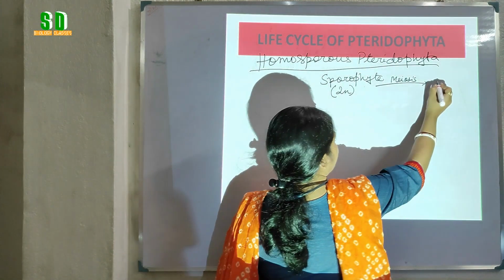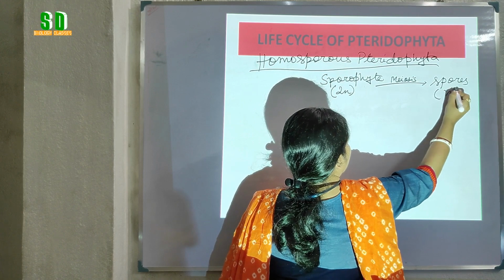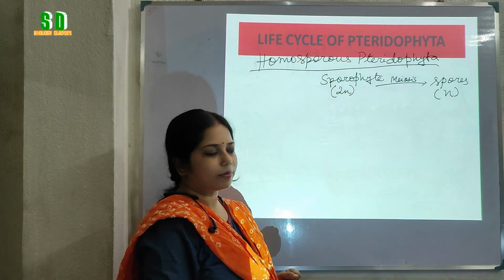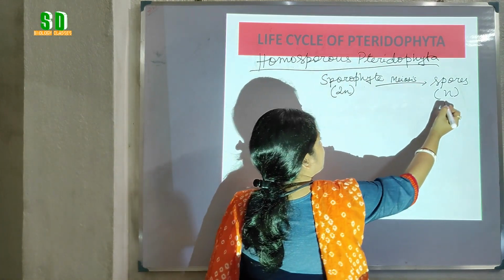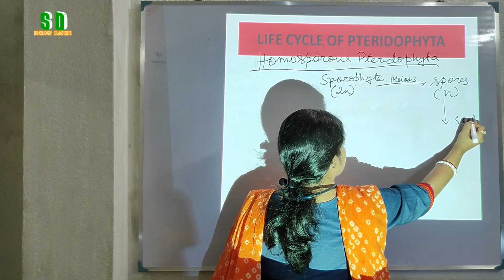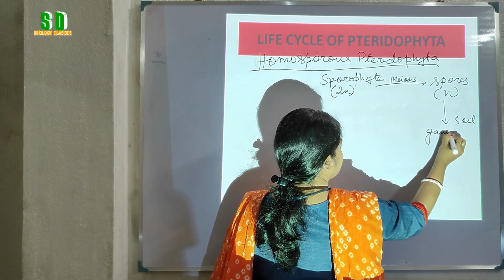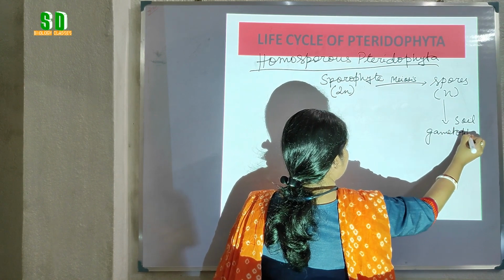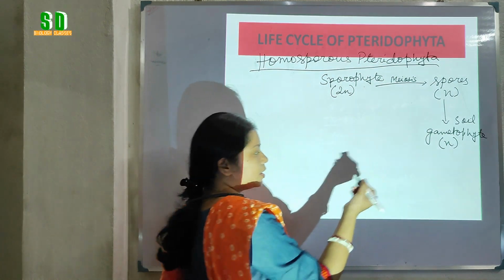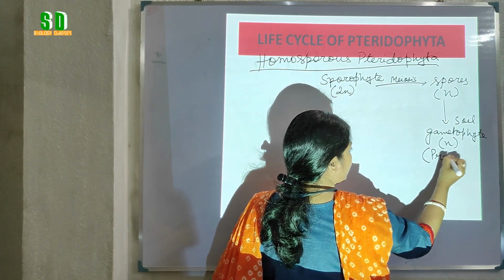As a result, it produces spores, which have haploid number of chromosomes. The spores germinate in the soil and give rise to the gametophytic structure, that also has n number of chromosomes. The gametophyte is also called the prothallus.